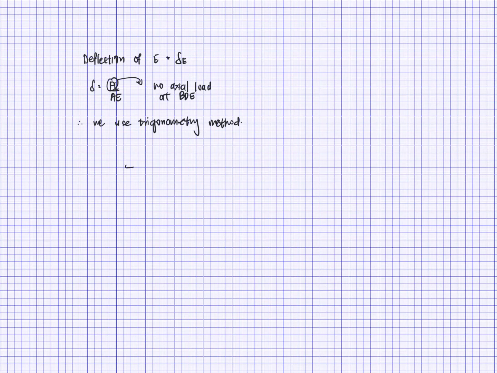We take our bar BDE. Based on the deflections that we have calculated before, at point B we have a contraction, right? So this is point B, point D and point E. Contraction means link AB will move upward, and link CD is in expansion, as well as the point at E, it is pointing downward.